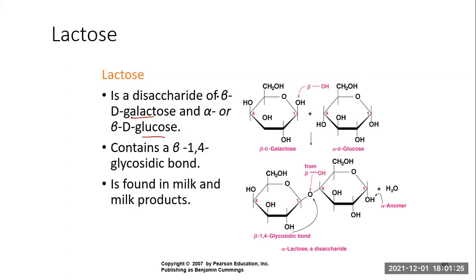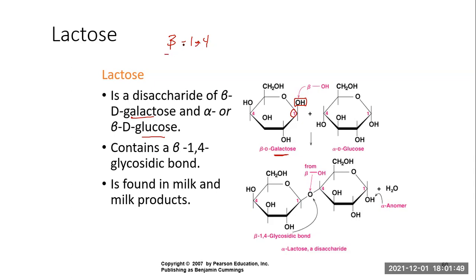And it's made up of a beta D-galactose. That is because when we look at galactose, which is right here, we go to carbon number 1, we see the OH group is up, hence the beta. And the connection that we see here is what is referred to as the beta 1,4 glycosidic bond.